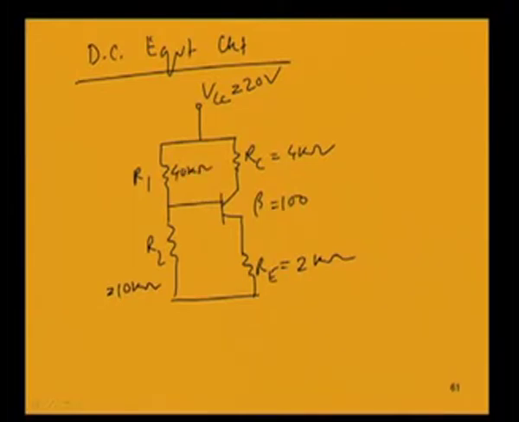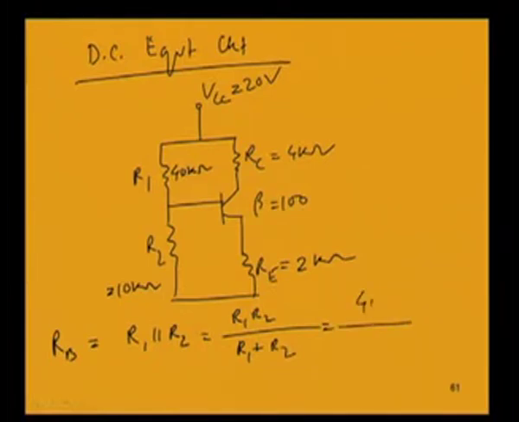Now what will be this R1 parallel R2, let us write as RB. It is R1 R2 by R1 plus R2, and putting these values, 40 into 10 by 40 plus 10, we get 8 kilo ohm. So this is the value of the parallel equivalent resistance. The Thevenin's equivalent circuit will give us the value of Re.